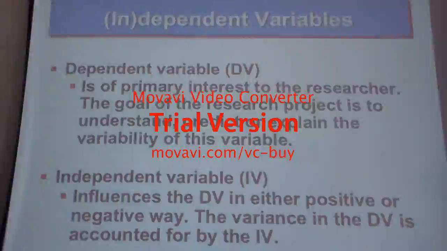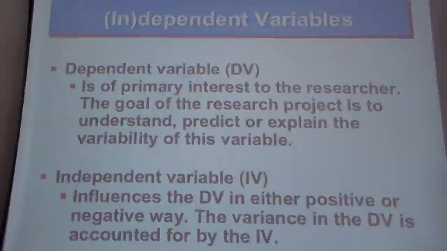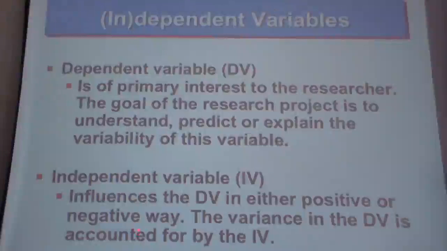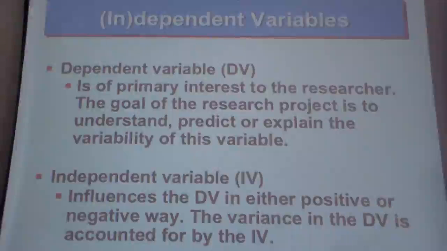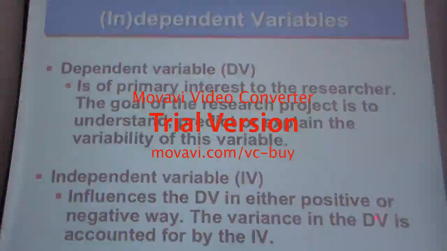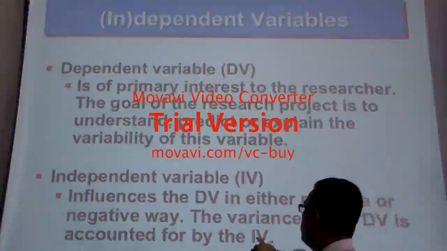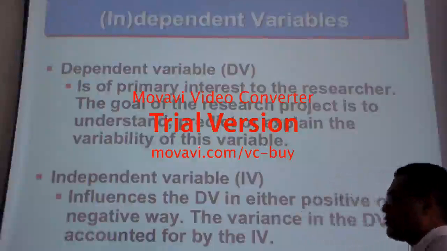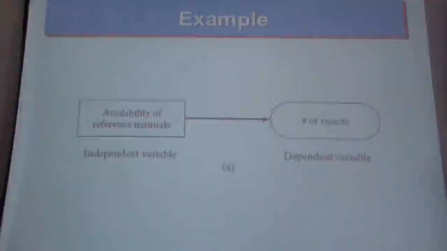But if the independent variable increases and the dependent variable decreases or gets lower values, then this is what we mean by a negative way. The variance in the DV, or dependent variable, is accounted for by the independent variables. We see some examples.